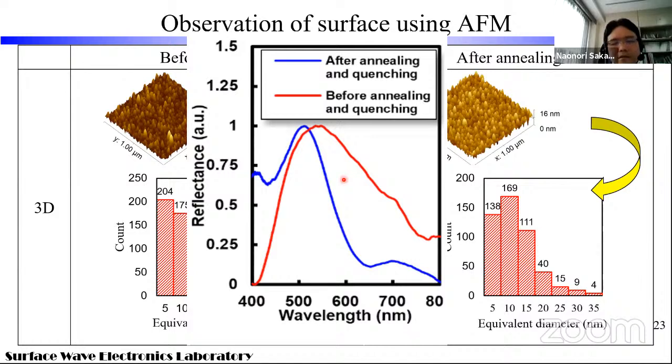And therefore, quenching and short-time annealing is better for us. Of course, we did not try long-time annealing and quenching because the glass substrate is damaged. I see. Okay, thank you very much.